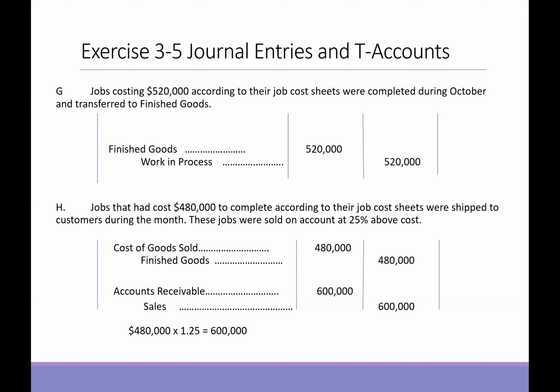We credit our finished goods. And then remember, you always have to have two transactions here. We show a debit to the receivable of 600,000 because it's 480,000 times 125%, or 600,000, and we credit our sales. If it said we received cash for the goods sold, we would debit our cash and credit our sales, but that's not the case here.